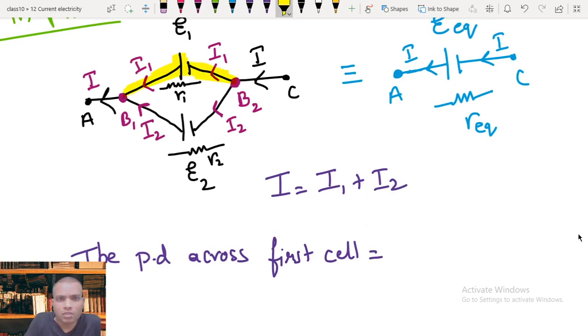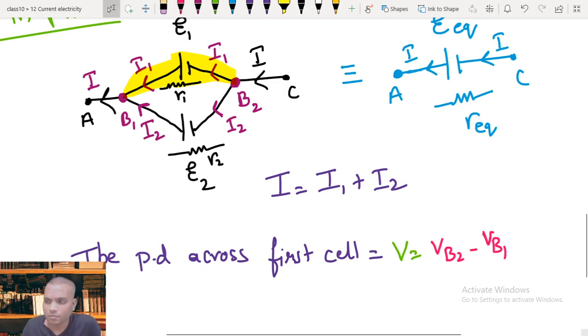We need to find the potential difference first across the first cell only. If we call the potential difference V, it is VB2 minus VB1. If you connect the voltmeter across the points, what potential difference will it show? That will be the potential difference across the first cell.